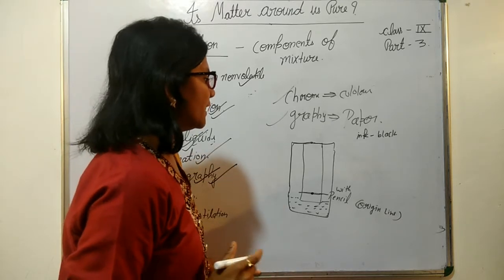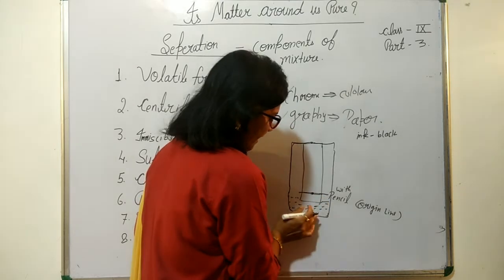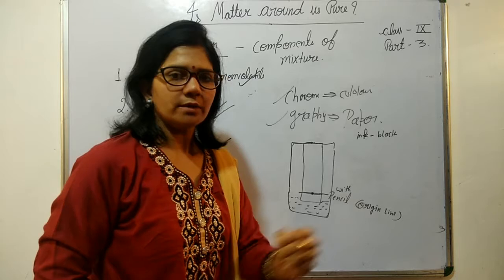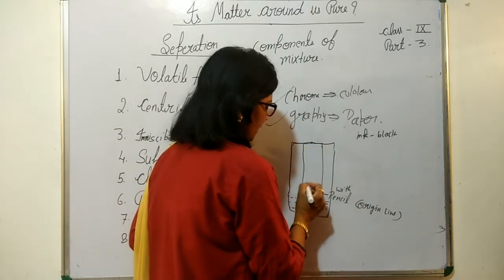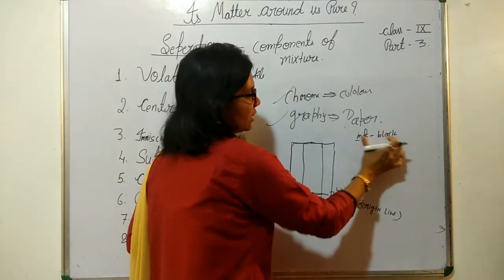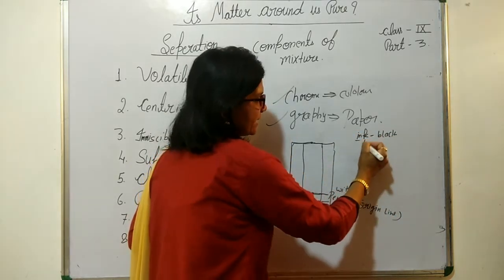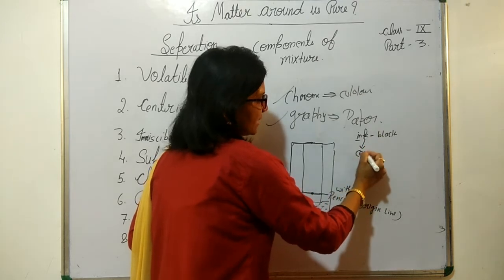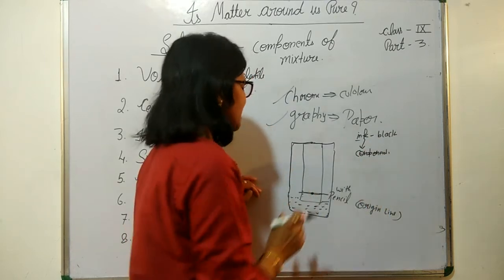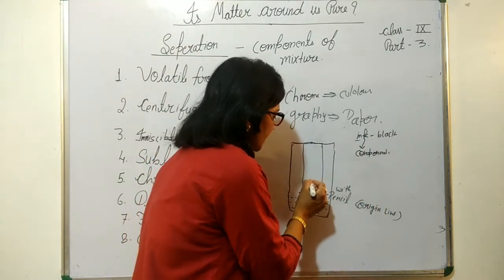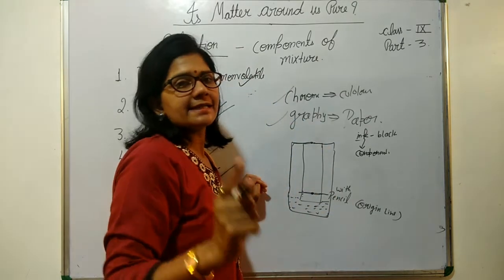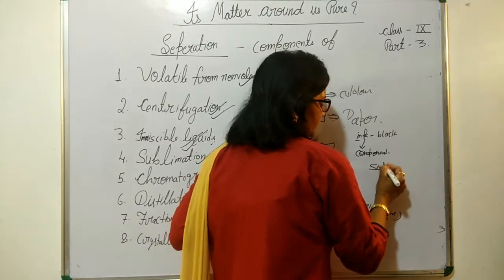You will observe after some time that the water will move upward, because the paper will absorb the water. As the water moves upward, we have to see how many components of the ink are soluble, whether the black is pure black or made up of many components. If it is made up of many components, then the components will go with the water on the basis of their solubility.